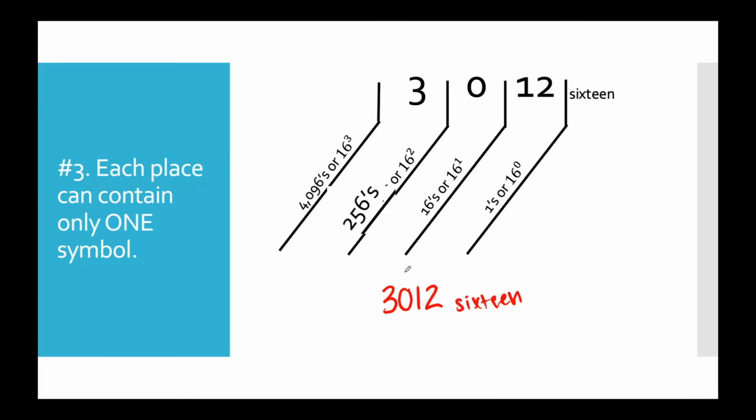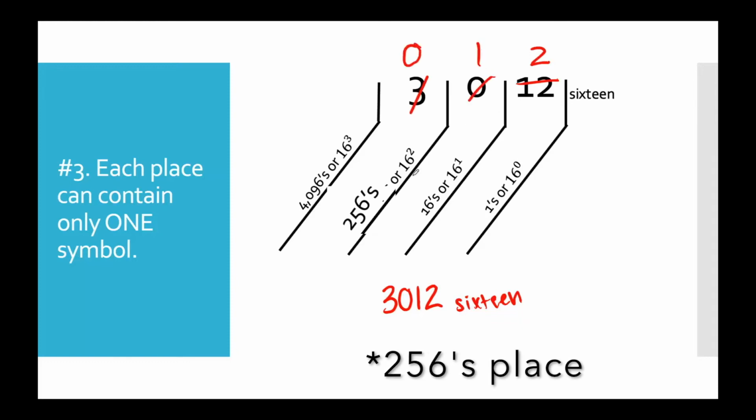So if I was going back and looking at this number and I didn't have this handy chart, I would be really confused. I would actually think the 2 belongs in the ones place, the 1 belongs in the 16's place, the 0 belongs in the 256's place, and the 3 belongs in the 4096's place. This is a very different number than my original number.